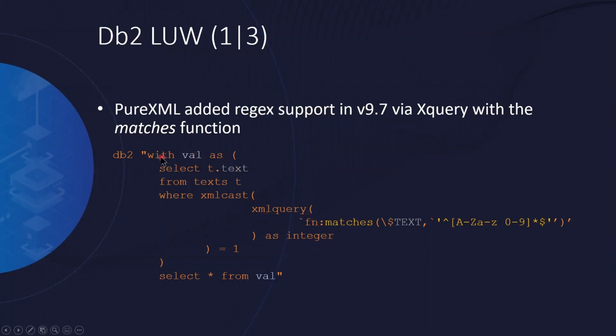So I'm creating WITH val AS, so I'm creating a common table expression called val. This is a common table in my SQL statement. And I'm defining val as a text, selecting text from a texts table. And I'm creating an XML query using the matches function.